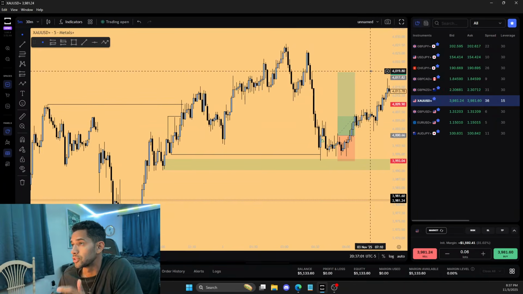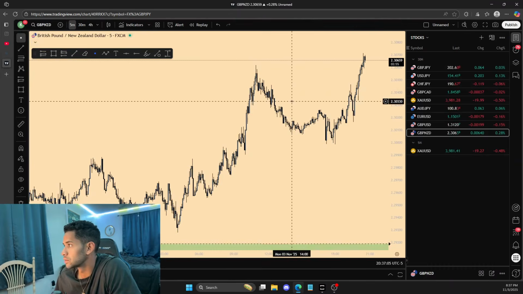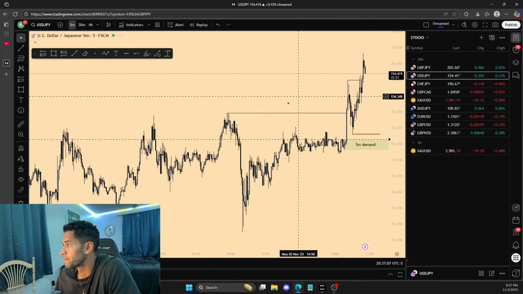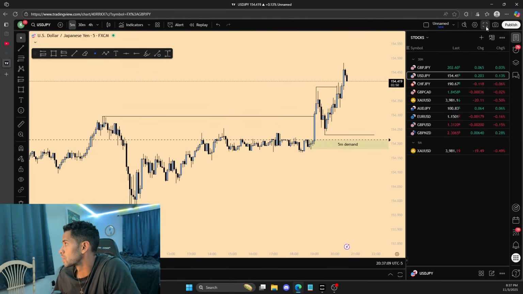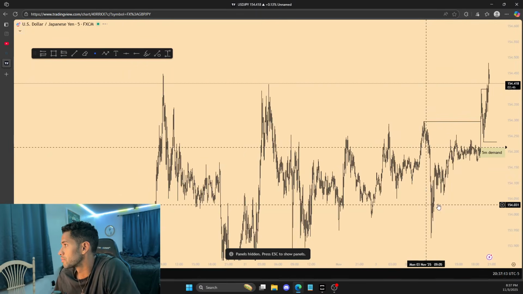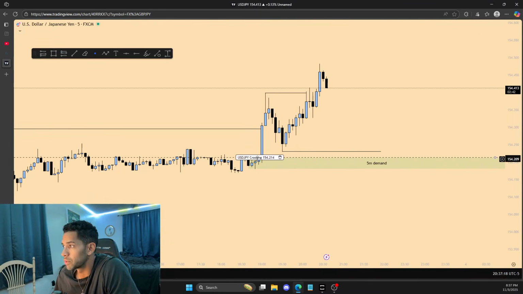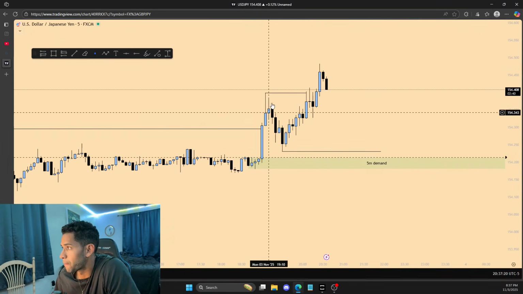And let me actually show you guys another setup that I have for this week. So looking at UJ. We're looking at UJ this week on the 5-minute. And let me just show you guys why this is a good setup for me for the strategy. So we have a big push to the upside, right? As you can see here.